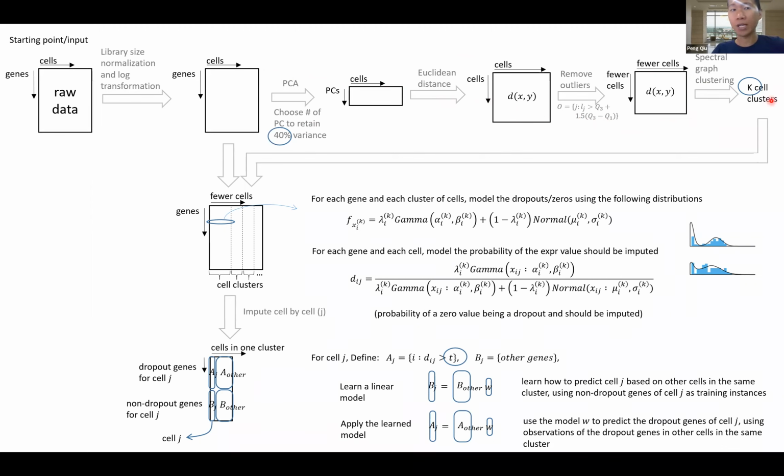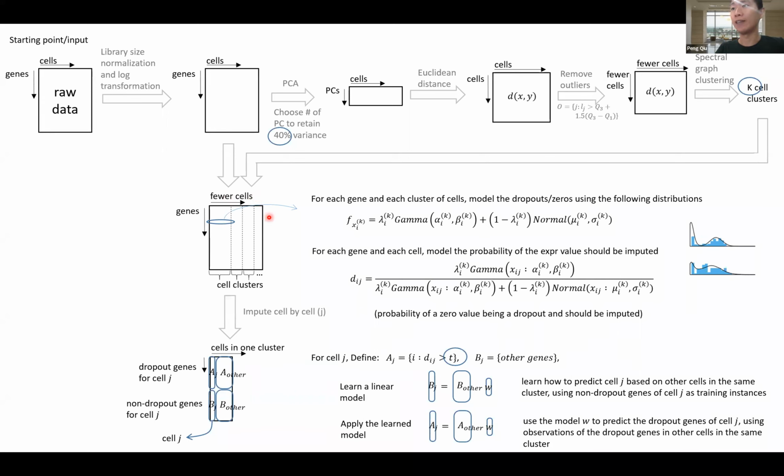The key point is that they want to cluster the cells into clusters where each cluster contains cells that are hopefully of the same cell type, or at least highly similar to each other. And then once they have the clustering information, they come back and take the normalized data, and then they organize cells according to clusters.